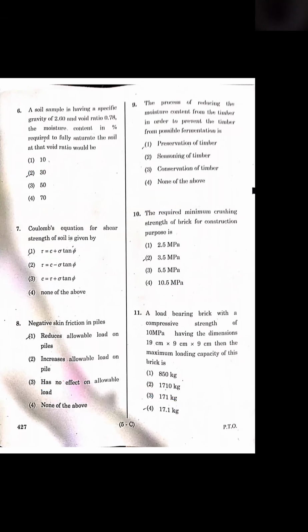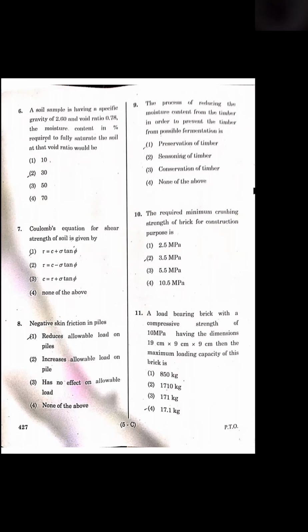Okay, now a soil sample is having a specific gravity of 2.6 and void ratio of 0.78. The moisture content in percentage required to fully saturate the soil at the void ratio would be 30. That's 30.